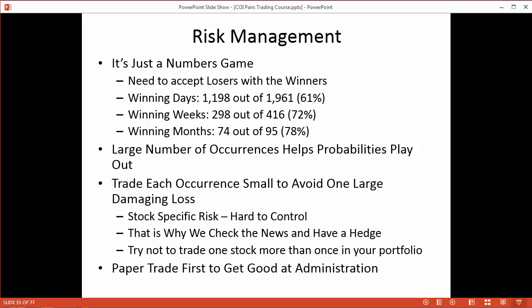If that one stock has some big stock-specific event, then all 20 pairs are now in jeopardy. So we don't want one stock overrepresented in our portfolio. It's also a good idea to paper trade it first to get good at the administration, so we don't end up taking some losses or taking on more risk than we need to simply because we haven't gotten good at the execution of our pairs trading.